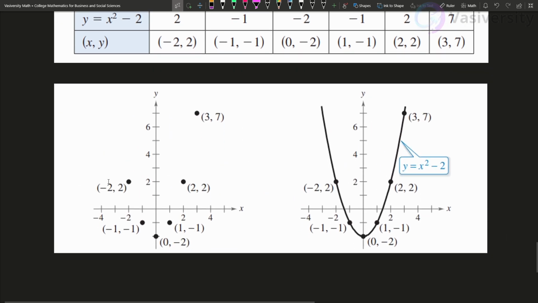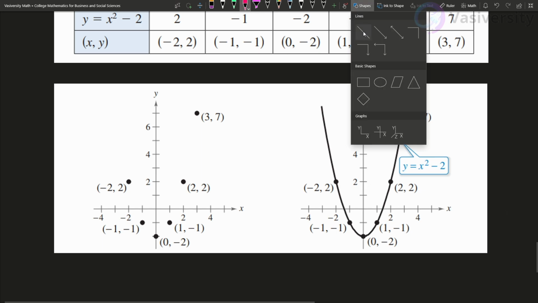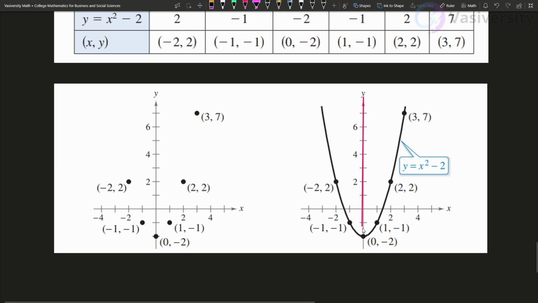right? So clearly it's a curve, and we have one key feature of such a curve. It's that it has a symmetry, right? Along the y-axis, it's symmetric. The left side is symmetric to the right side, right? And it happens to a lot of graphs, right? So graphs can have symmetry, right? This is what we call symmetry.